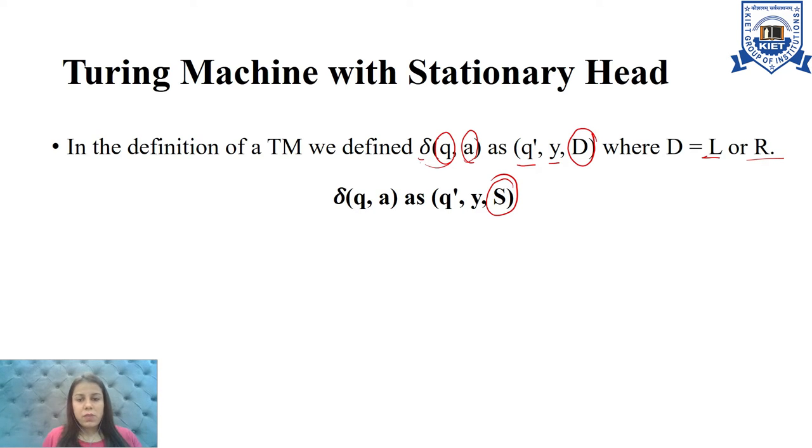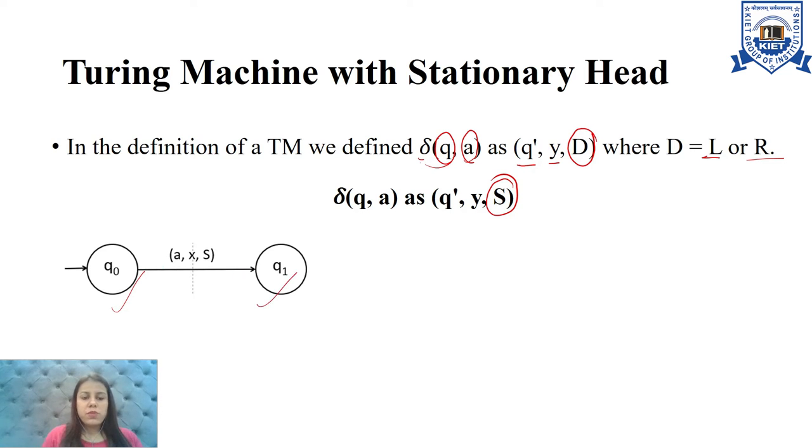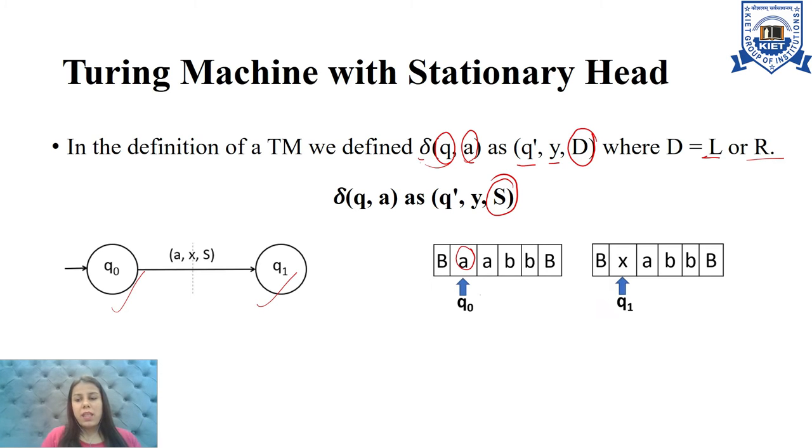So, illustrating this with an example, say we were on state Q0 and now after the move we have moved to Q1. So, if the input tape contains this particular symbol A, then on making this move, this particular A is now changed to S, but we have not moved our head in either left or right direction. The head is stationary at this particular position now.